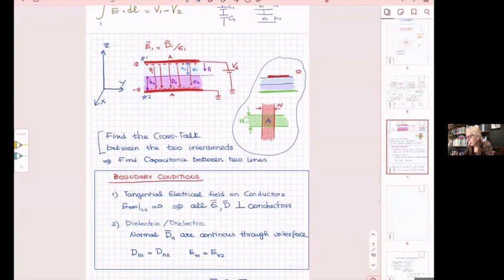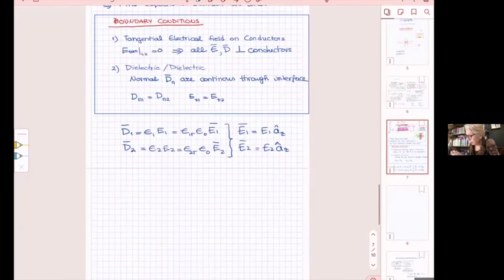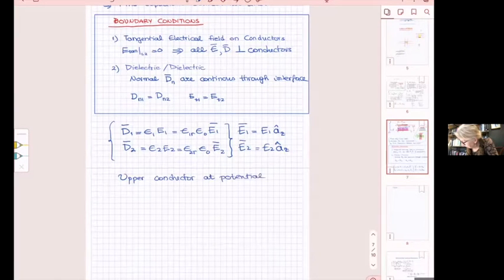What else do we know here? We know that the upper conductor is at a potential V sub D. So these are now other things. Upper conductor at potential V1 equals V sub D, because I put a battery.